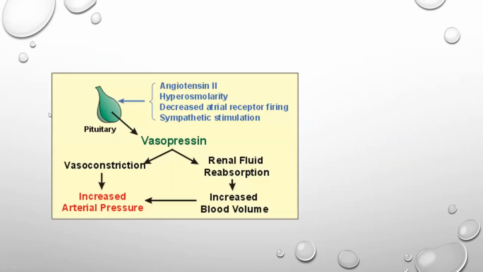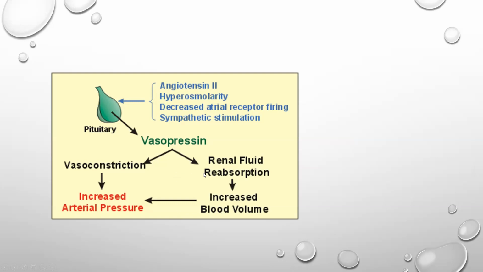And here, I just wanted people to remember how vasopressin acts. It has two actions. It leads to vasoconstriction, which will increase our systemic vascular resistance, and it will affect the kidneys. We know that it can lead to fluid reabsorption and increase the blood volume because it acts as an antidiuretic.